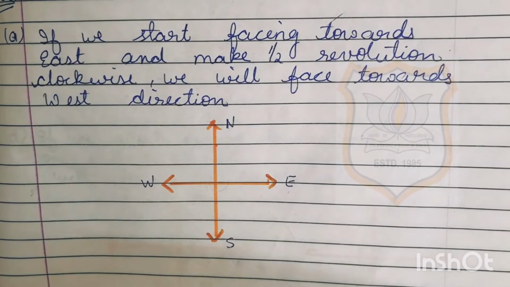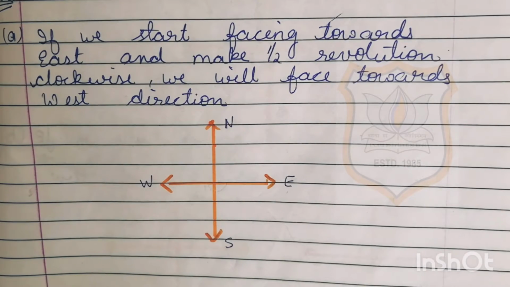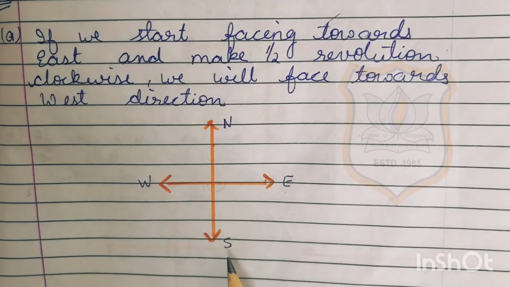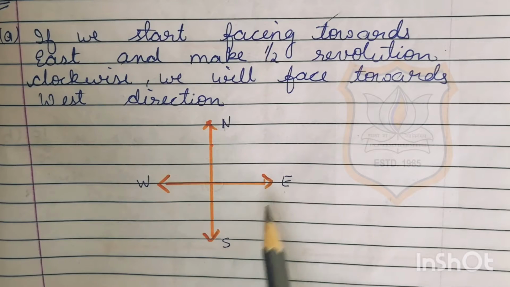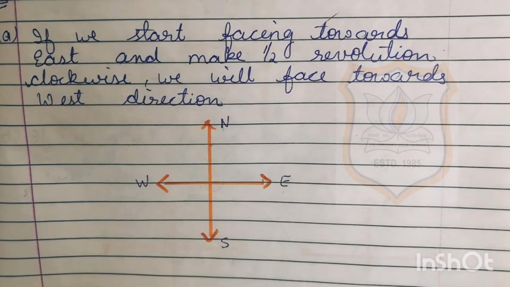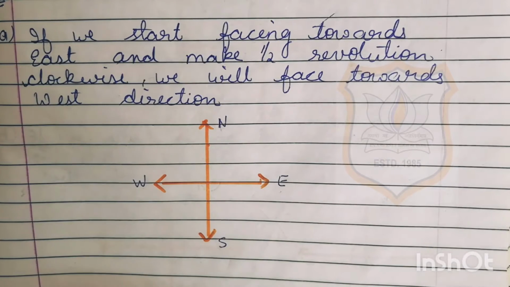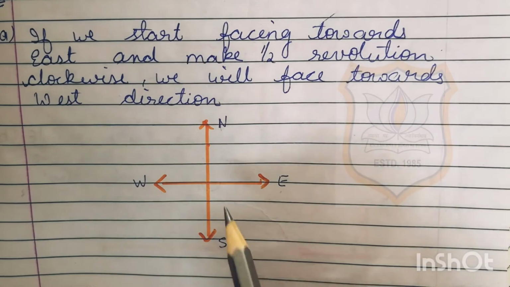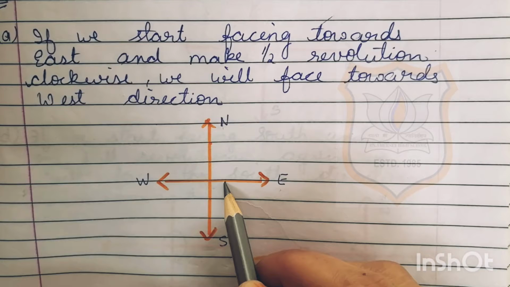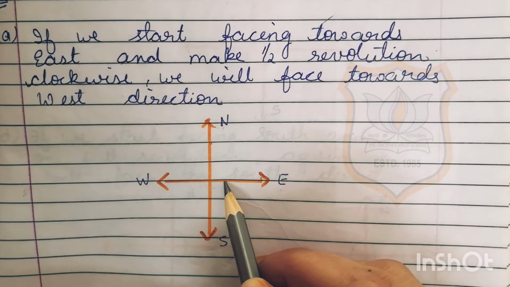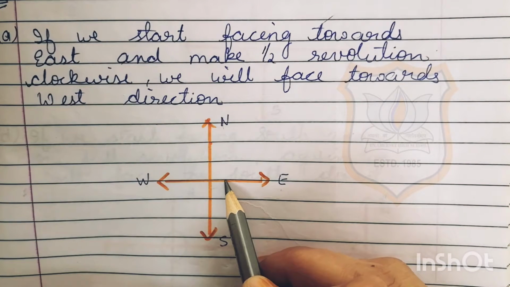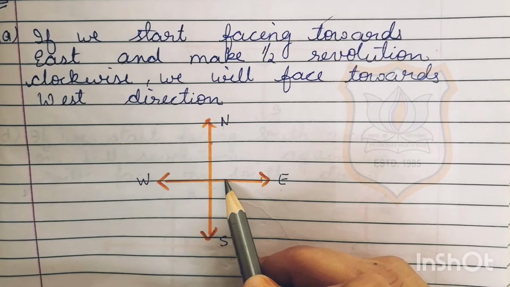Now solution for A part of question number 3. First we have to draw a diagram in this way: north, south, east, west. Now here we have to find out at which direction we will face if we start from east and make half a revolution. Half revolution means 180 degrees.